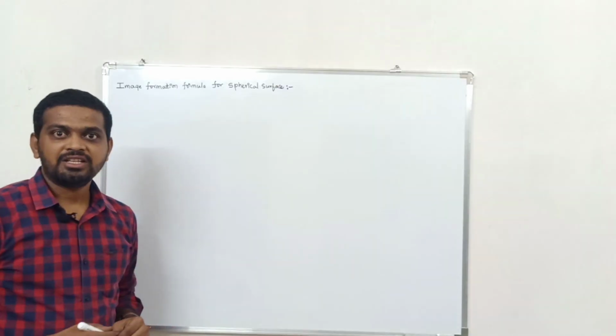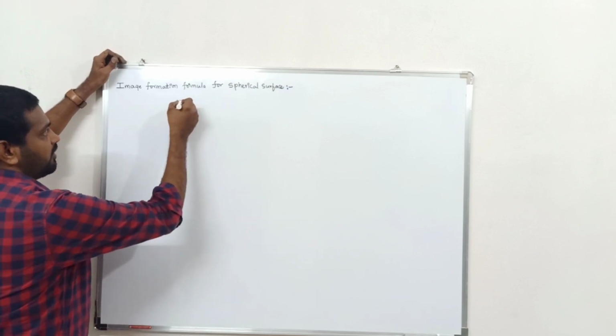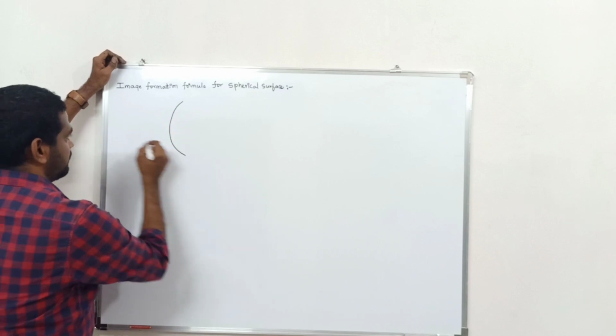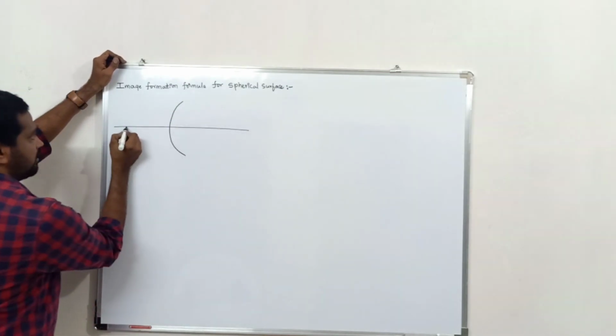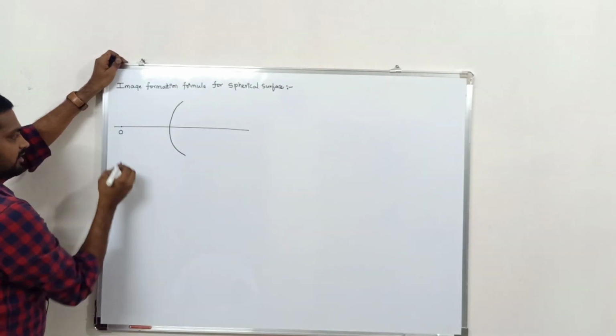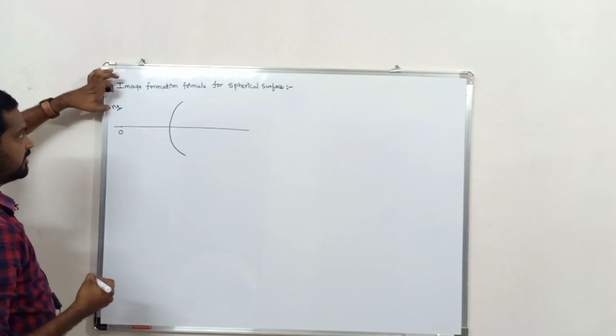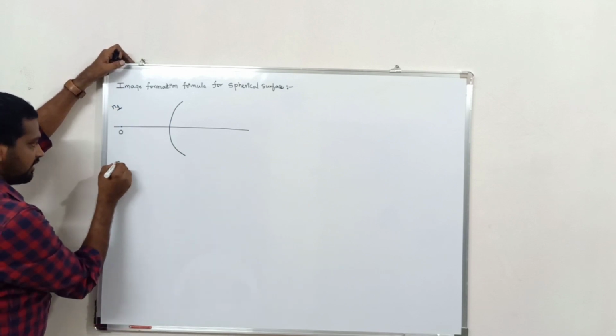To derive the image formation for spherical surfaces, take a point source of object O in the rarer medium. Let us consider the refractive index of the medium in which the object is placed as n1. What is n1?